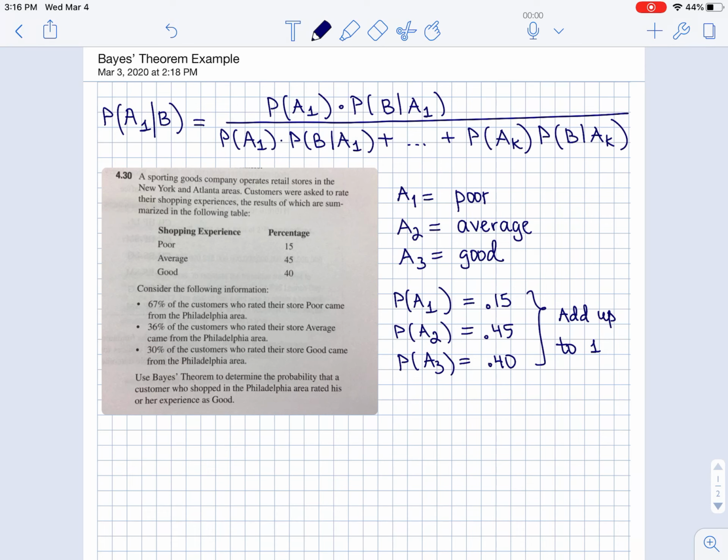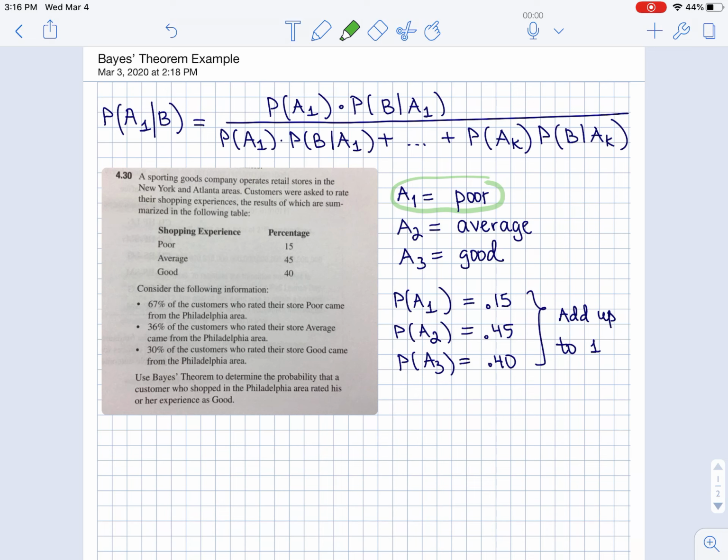And then also, based on some information that was collected, we have the following percentages. So 67% of the customers who rated their store poor, so out of all people that answered poor, 67% were from the Philadelphia area, and so forth. 36% of all customers who rated their store average came from Philadelphia, and then 30% for the good experience.